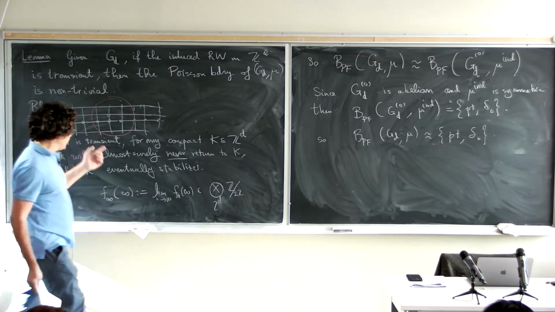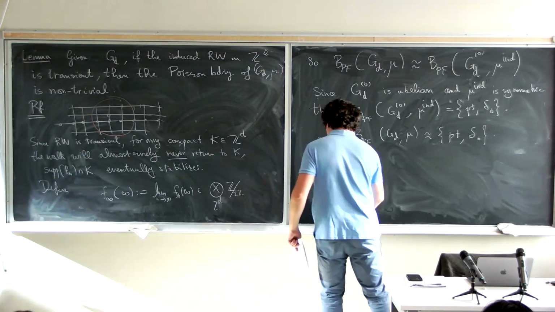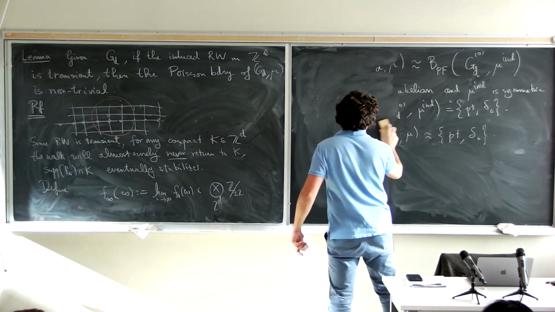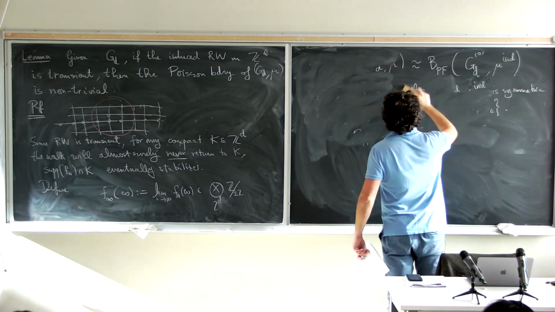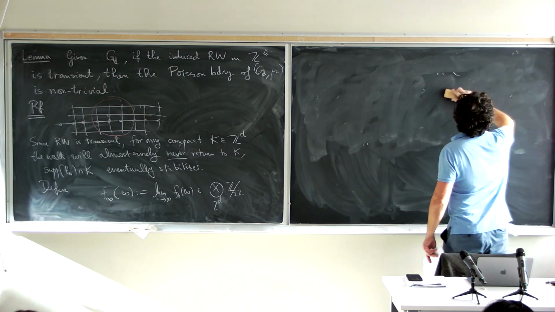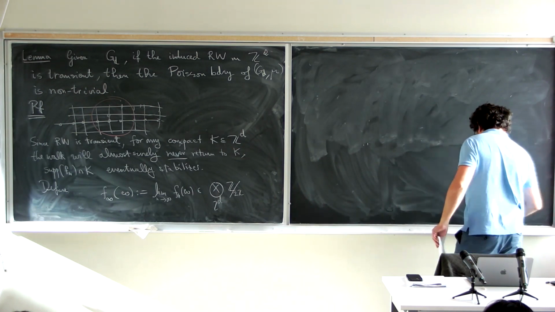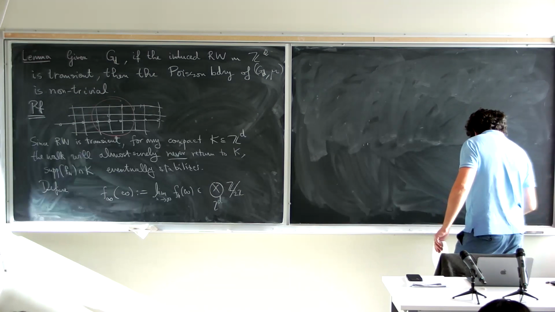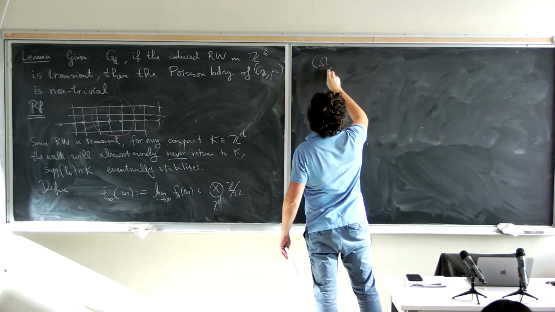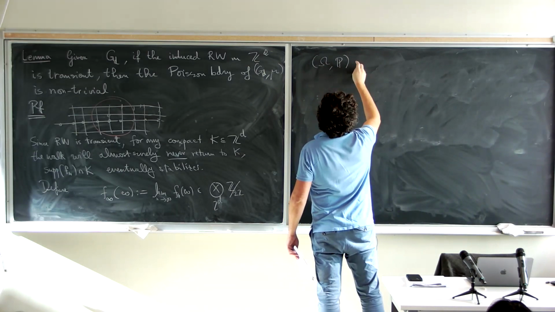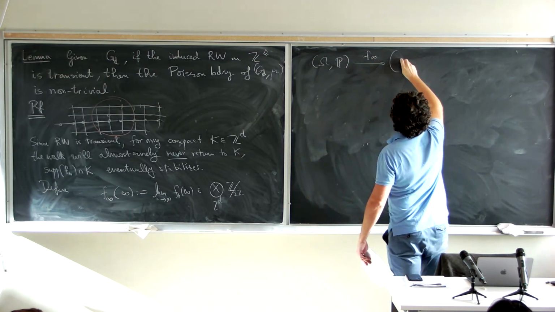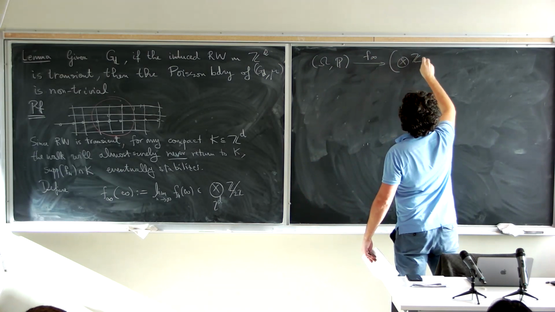Okay, so this is a natural function that you can define in the transient case. And so there is a function F infinity from omega to this infinite product.